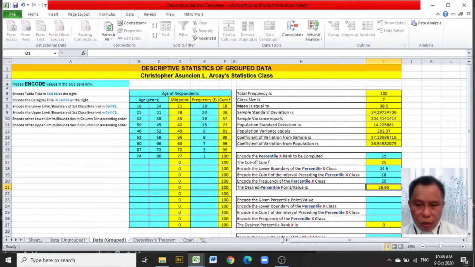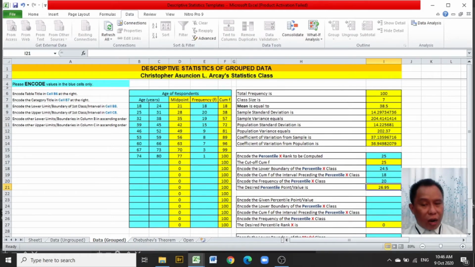After encoding 20, we are shown the value 26.95, which is the value of the percentile 25. So that is computing the percentile value from a given percentile rank.